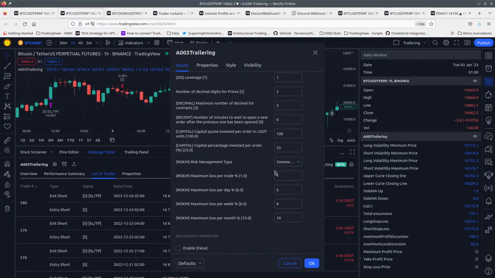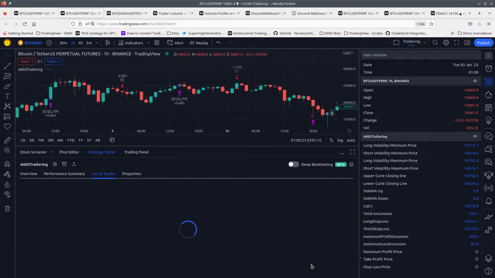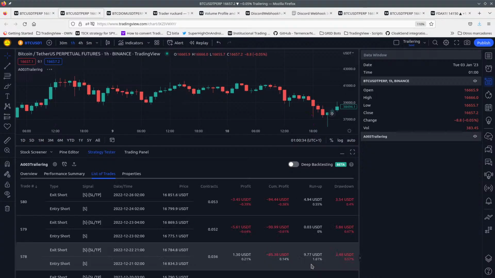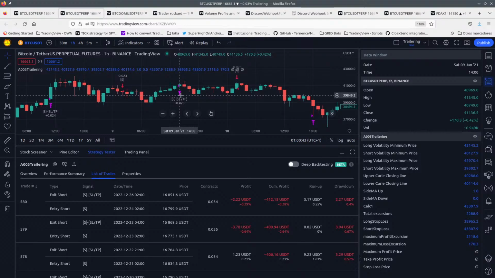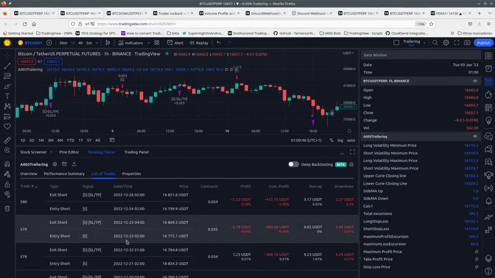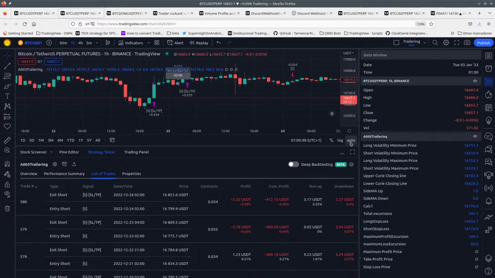I want to use it but not too much. So what about non-risk management? I mean, we're going to win something less, more, but you know. Question is, do we have the 22 of November? No, we don't have it. Why is that? This does not make sense.